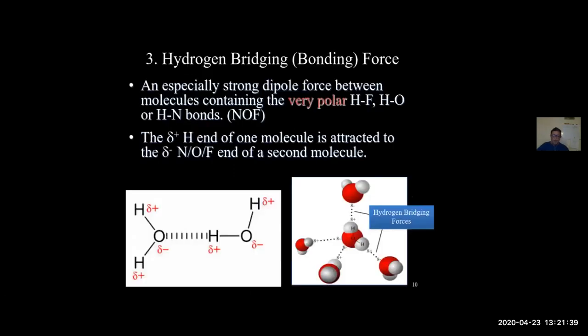All right, which brings us to hydrogen bridging. I put bonding in parentheses because this force is called that too: hydrogen bonding, okay? Now, these molecules also have a permanent dipole, but this only applies to three types specifically.